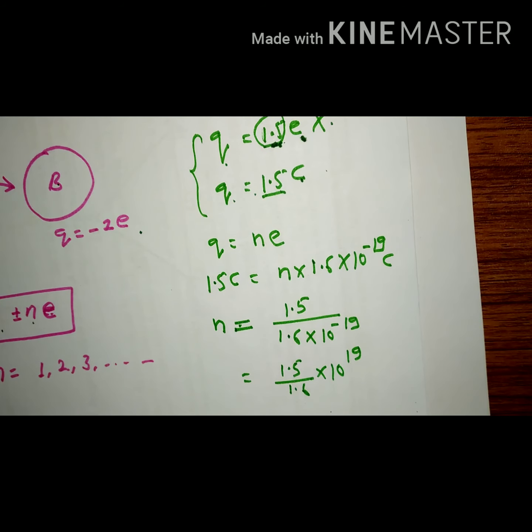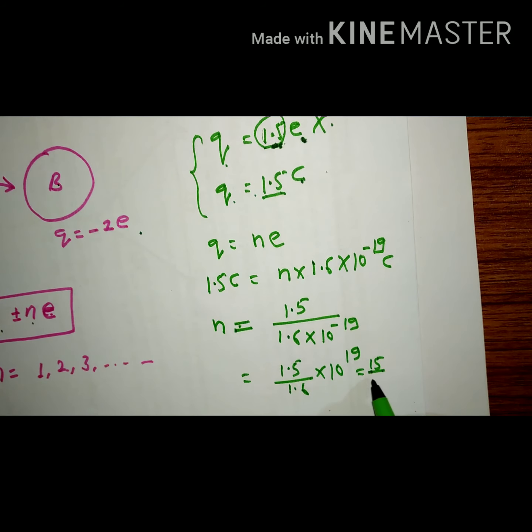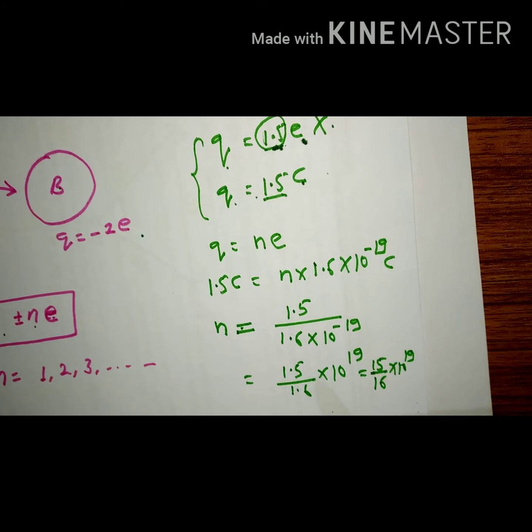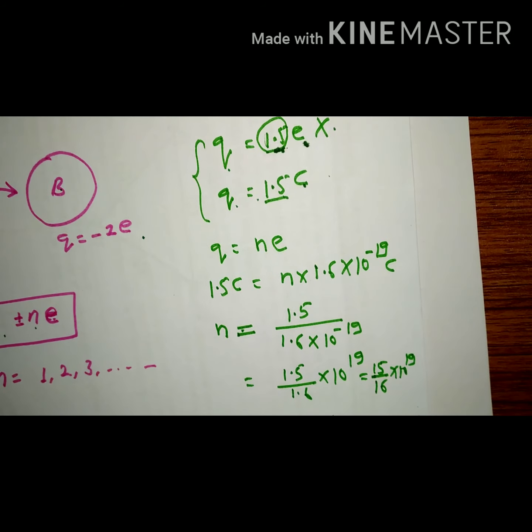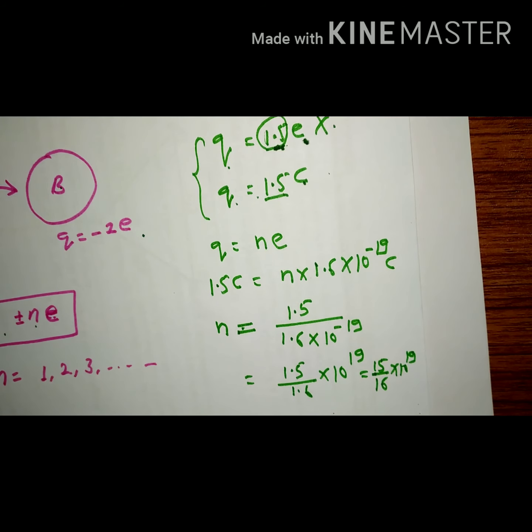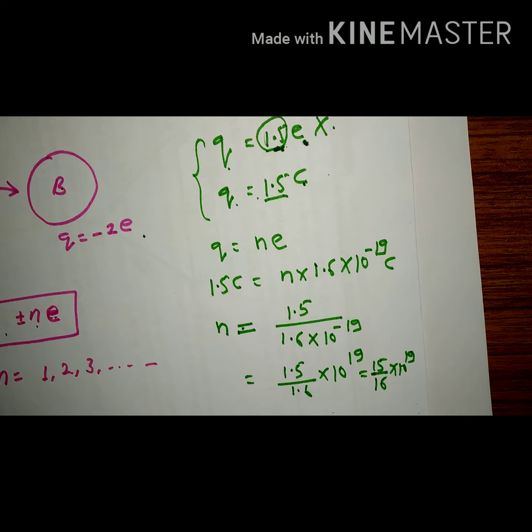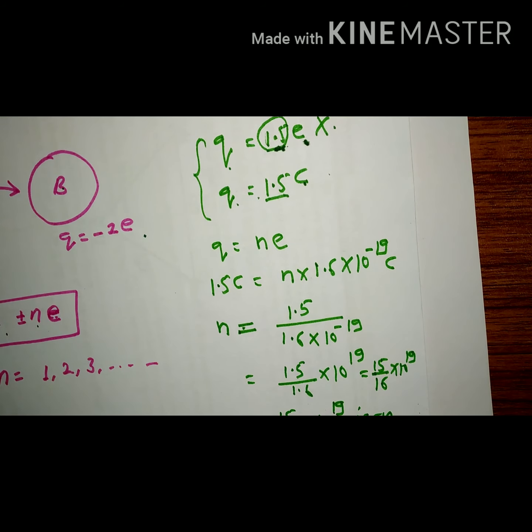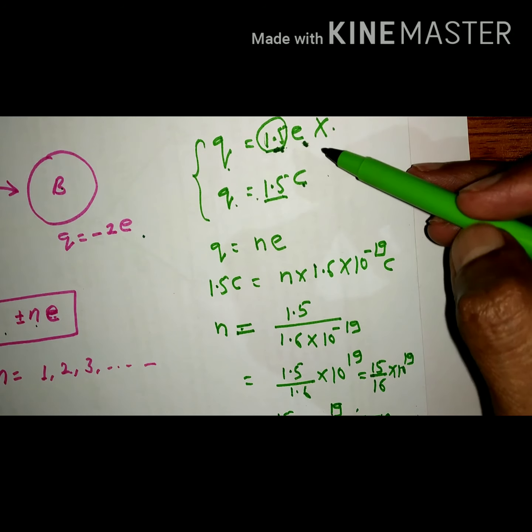Now this is 15 by 16 into 10 to the power 19. If we see, the value of n is an integer: 15 by 16 into 10 to the power 19 is an integer. So do remember these 2 points.